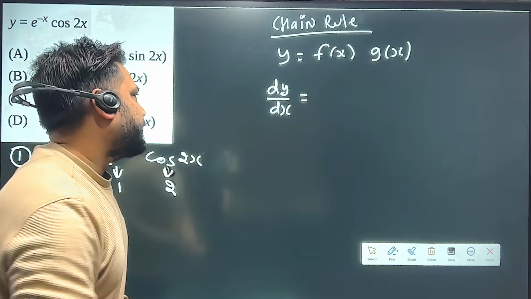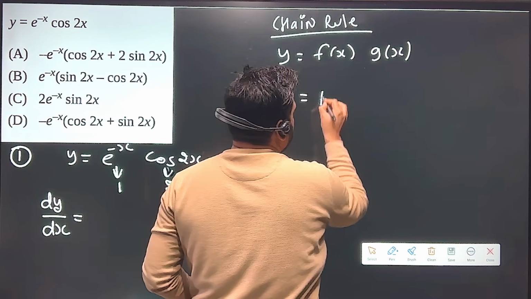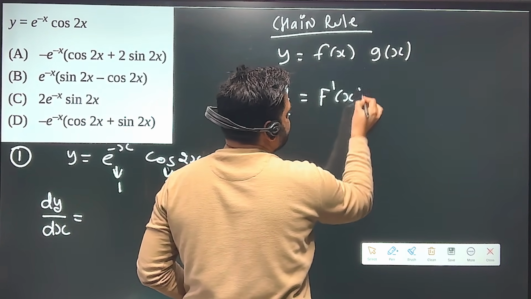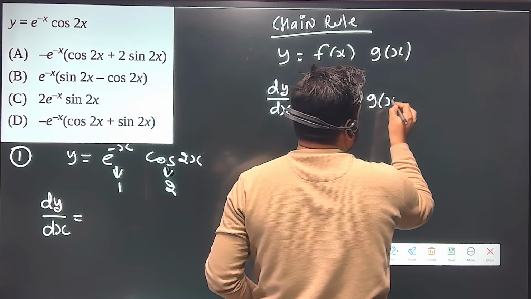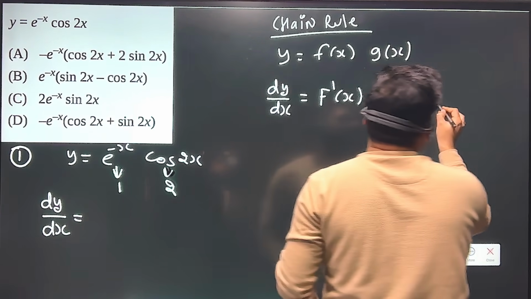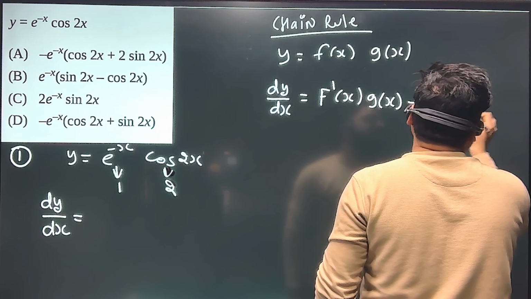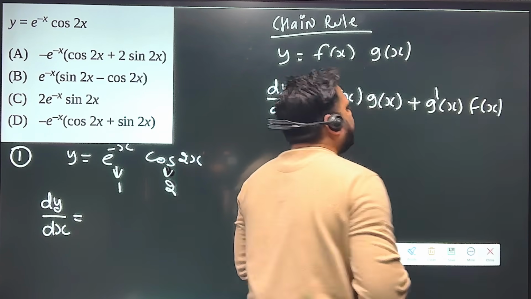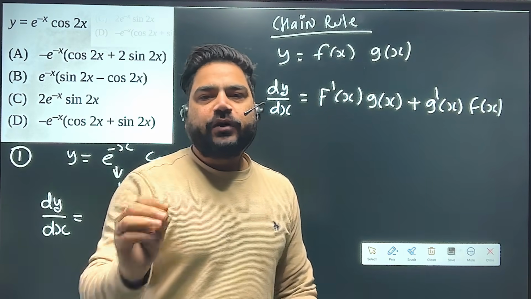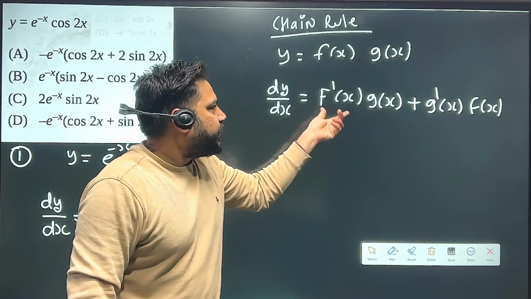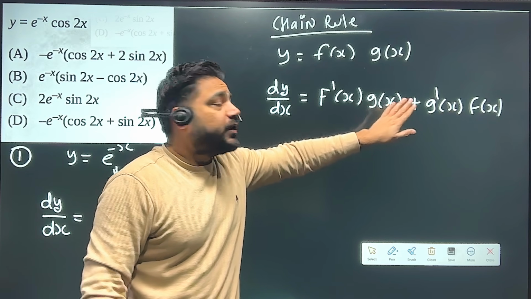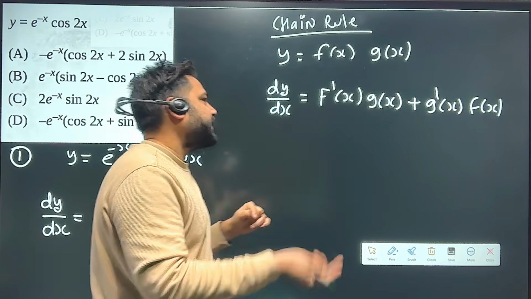If we differentiate f(x), it becomes f dash x, and g(x) remains the same, plus if we differentiate g(x), then f(x) remains the same. So at one point of time we take the derivative of only one function.